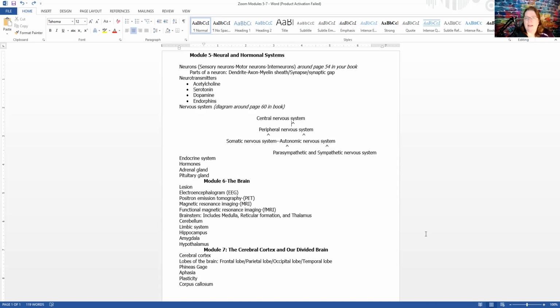Now, someone having an injury like that back then wasn't that unusual, but what was unusual was that Phineas Gage survived, number one, and that he survived relatively intact.